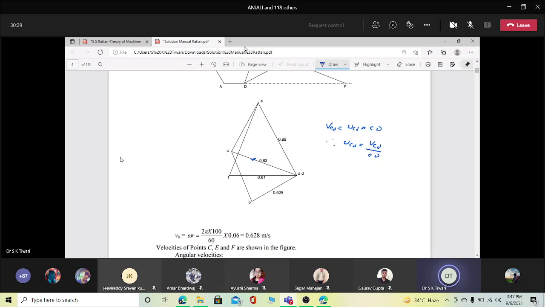Velocity of C with respect to D दे रखा है, it is 0.83 divided by length in meters. ये हमेशा मीटर में रखना क्योंकि यहाँ मीटर में आंसर दिया हुआ है. You will get the angular velocity of the ternary link, और ternary link है तो पूरी लिंक की एंगुलर वेलोसिटी एक ही होगी. ओके, Yes, sir.